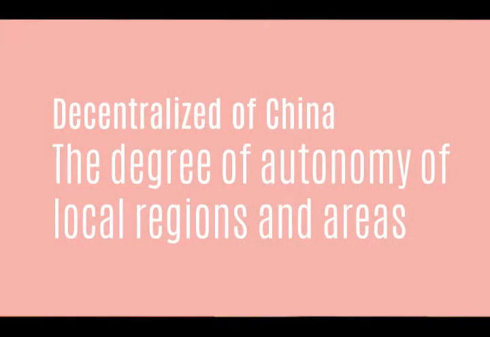Second, China should decentralize in the case of increasing the degree of autonomy of the local regions and areas in order to promote equal growth. As we can see nowadays, the power in the hands of the central Chinese government, if equally distributed among the regions, towns, and local authorities, can enhance public participation and also equality.